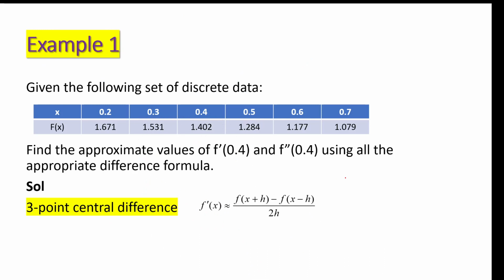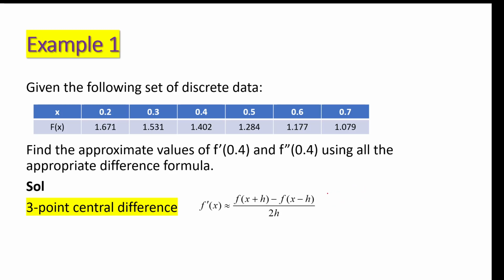So to calculate, the 3-point central is f(x+h) minus f(x-h) divided by 2h, plus order h squared.